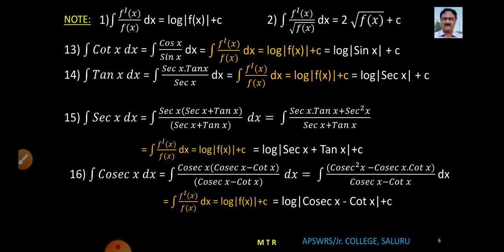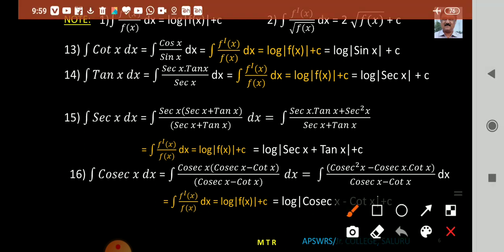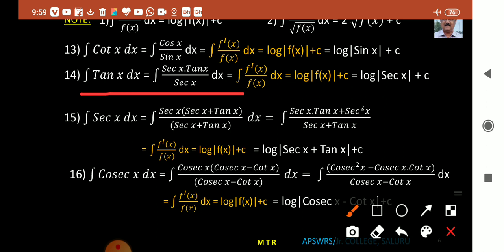From the first formula, the derivative of the denominator is the numerator. You observe the 14th problem. Integral tan x dx is equal to, multiplying both numerator and denominator with secant x, secant x into tan x by secant x. You know the derivative of the denominator.